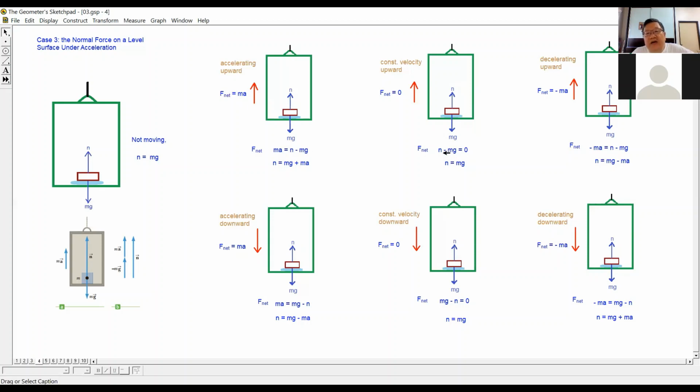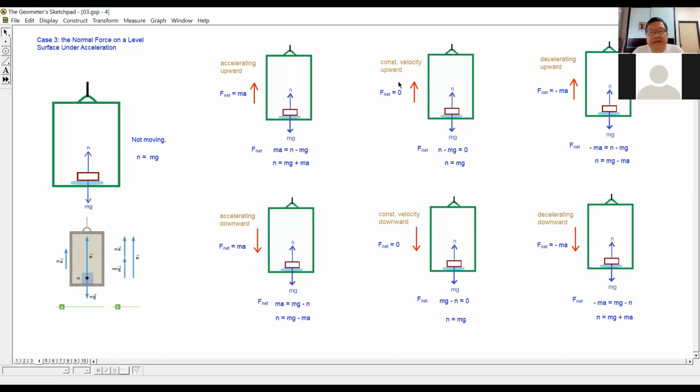But the net force is zero, because it's moving with constant velocity. So I move the mg over to the other side, and the normal force is exactly the same as the mg, which is the weight. The mg is the weight of the object.